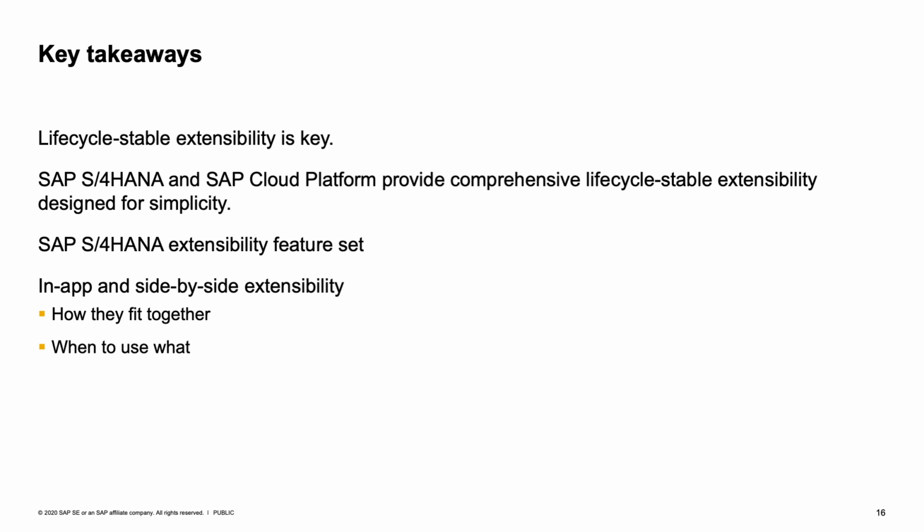You've also seen that lifecycle stability is in the center of SAP's extensibility approach, and you benefit there because you don't have to rework your extension over and over again with each update or upgrade. And what you've also seen is when to use what. And you've seen how in-app extensibility, key user in-app extensibility really feels like, how you can do it with a demo.